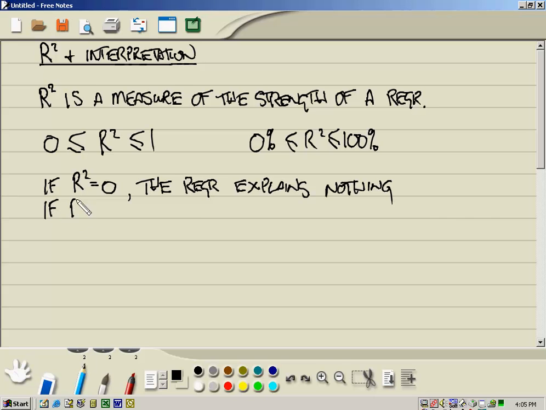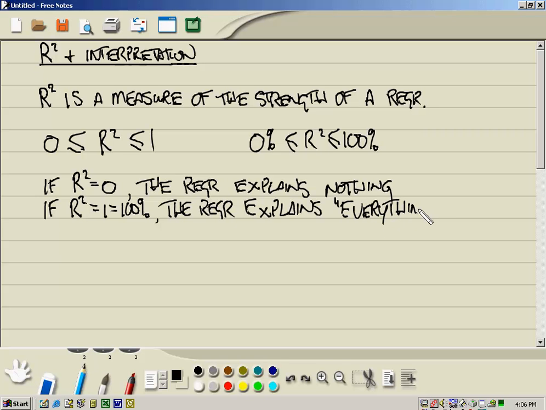And on the other end, if r squared is 1 or 100%, the regression explains everything. Well, actually not everything so much as all the variation in the y variable.